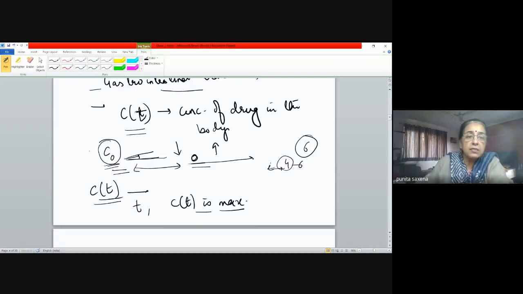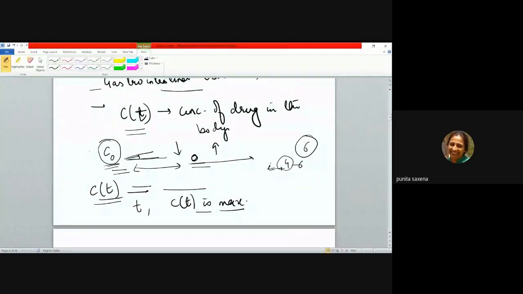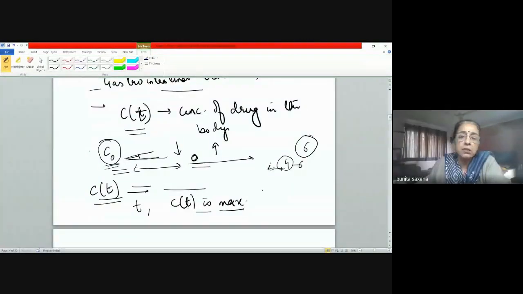So somebody has given you an equation. I have nothing to do with how they obtained C(t). I only care about this equation. When I have the equation, I have to solve it. So I'll solve this equation and tell that person that after this much interval of time, C(t) will be maximum or minimum, or it will approach zero.